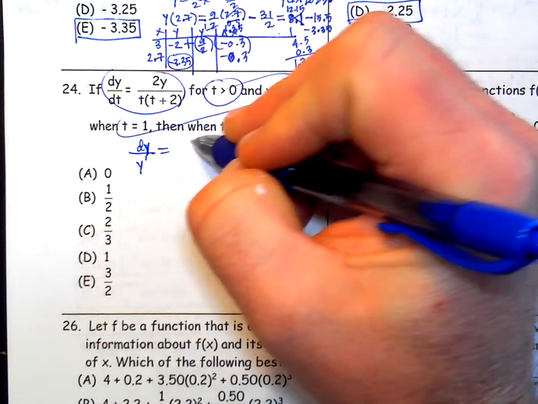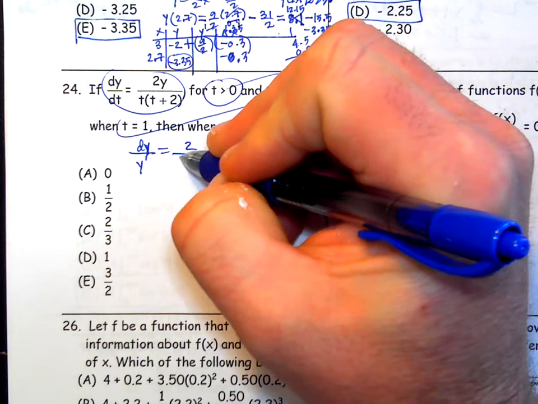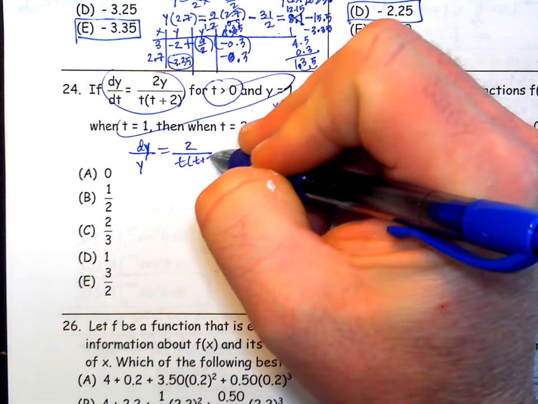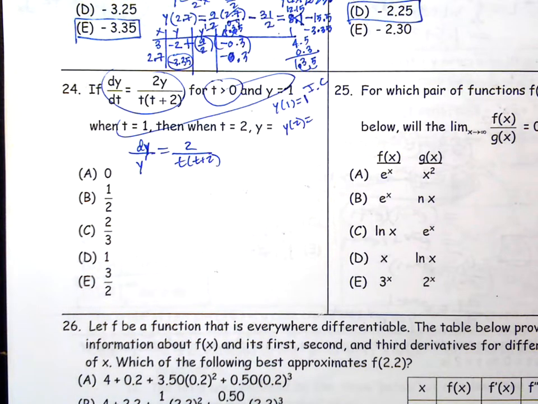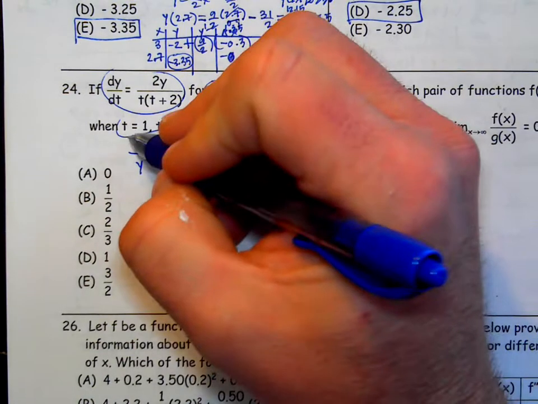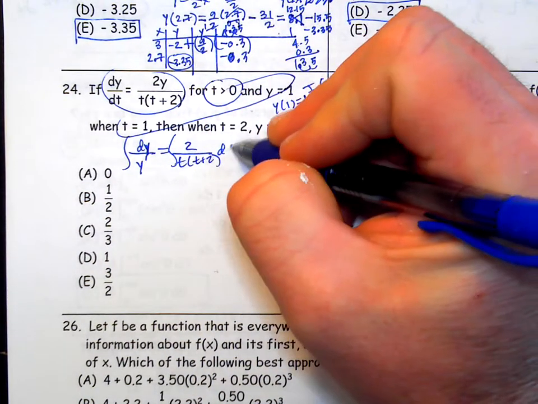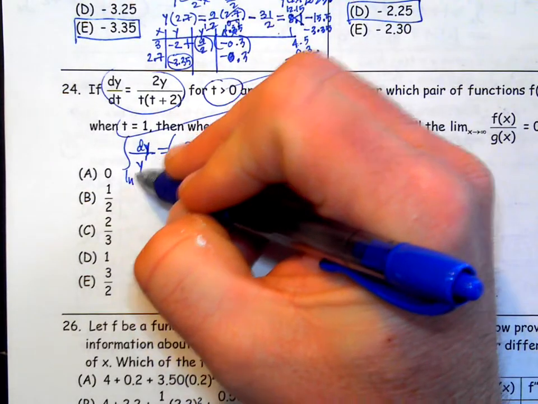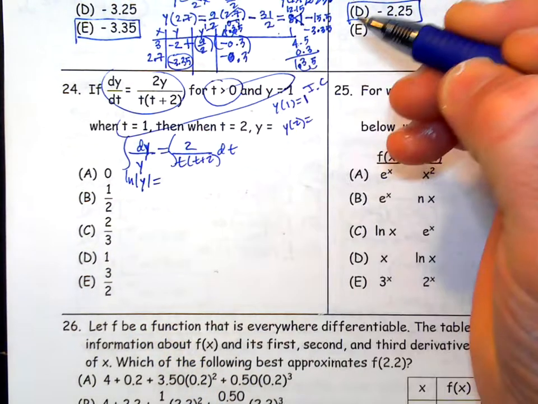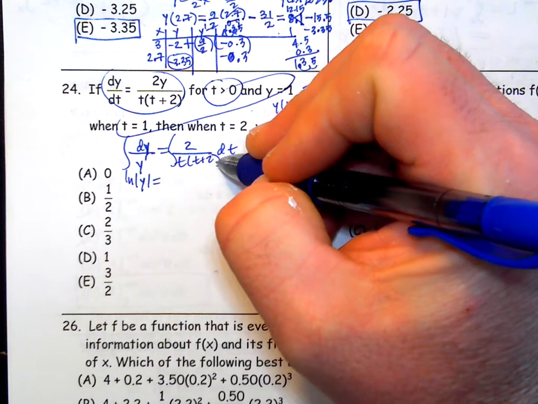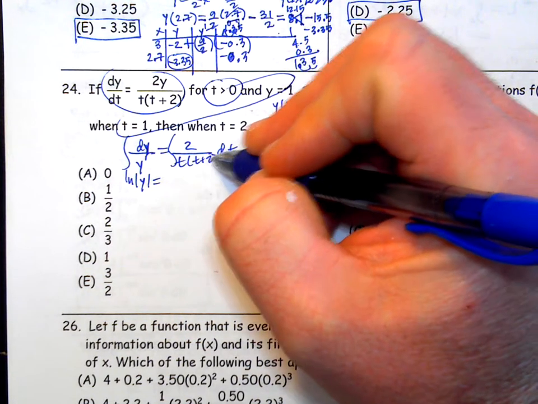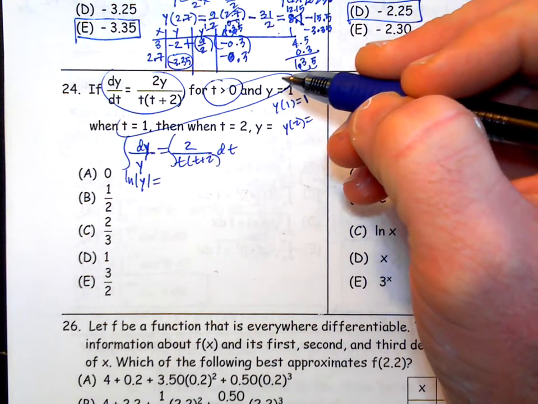You might leave the 2 on the right. It's up to you. I usually leave as much as possible on the right-hand side. And this might seem like a purely Calc AB problem. And so then you're going to integrate both sides. The left side's easy, natural log the absolute value of y. The right side, use substitution. No. t squared plus 2t. No, it's not inverse tangent.